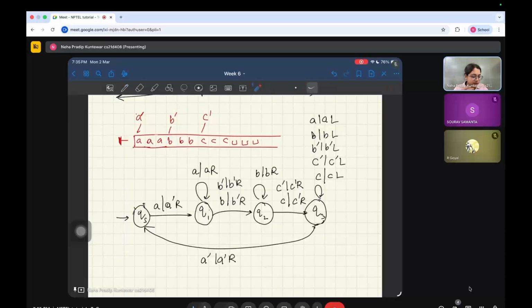So basically, what happened here is the next time, let's say I want to cancel off this A against this B. I'll have to skip over all the A's. That is what we are doing here. We are skipping over all the A's ahead, but you will also have to skip over all the B primes that were before it. So this is what we will do here. Skip over all the B primes, go to the right and cancel off this B.